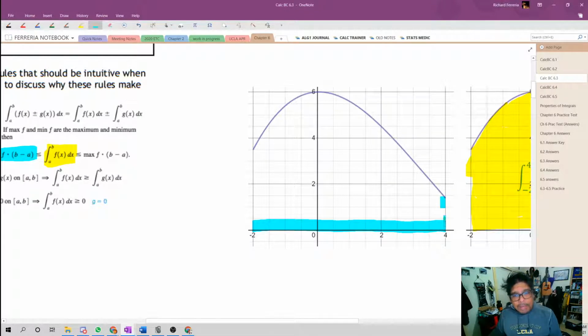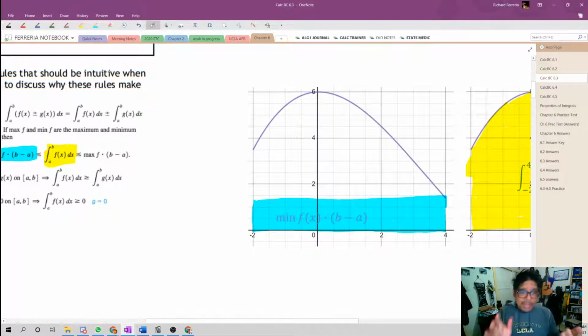So if I multiply this by the minimum, what I'm essentially doing is creating a rectangular area of this. So this blue area here is the same value as the minimum of f of x multiplied by b minus a.